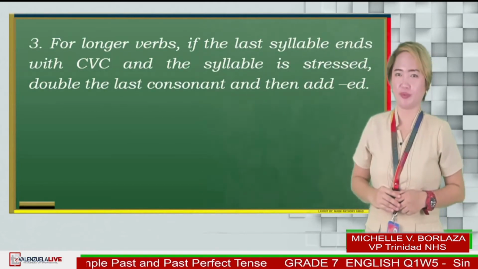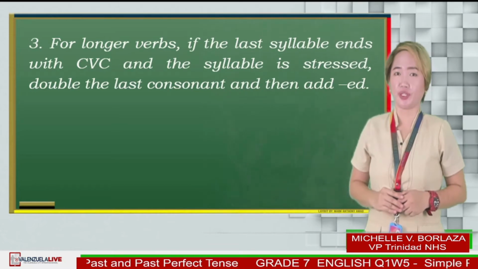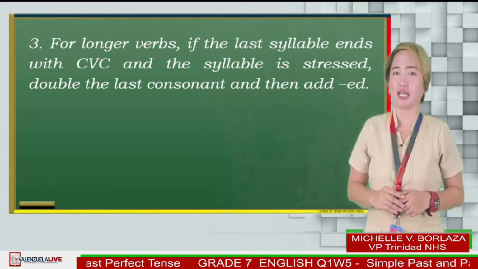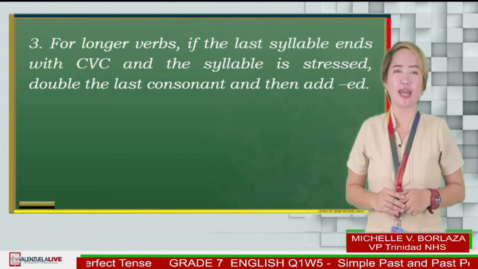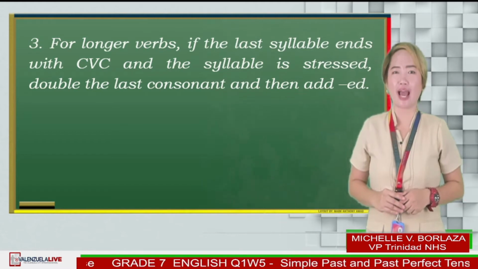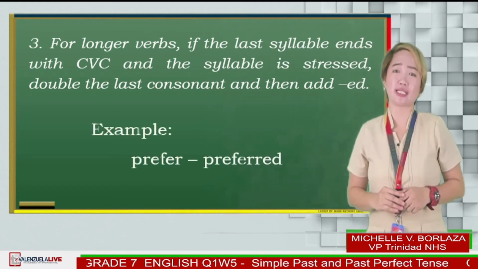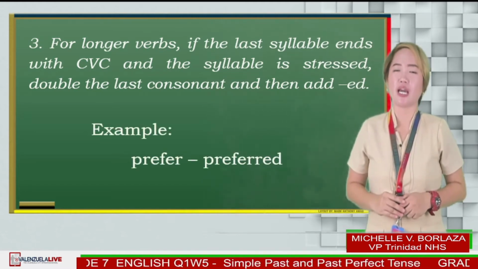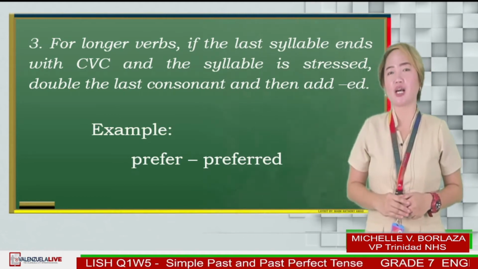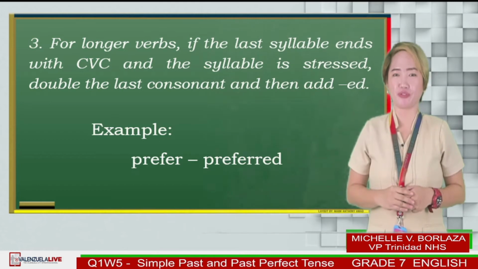Rule number 3. For longer verbs, if the last syllable ends with CVC and the syllable is stressed, double the last consonant, then add ed. For example, prefer. When we change it to simple past tense, it becomes preferred.